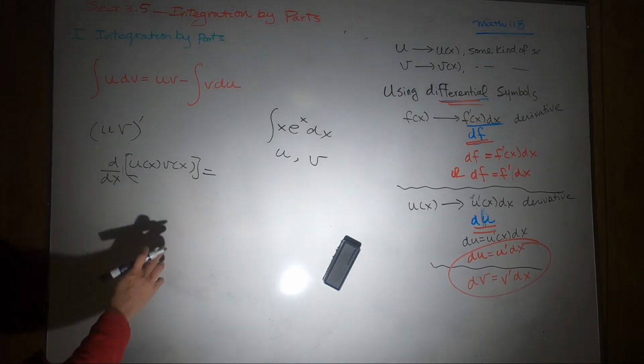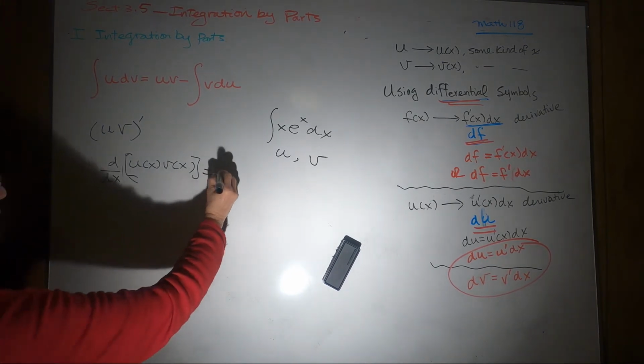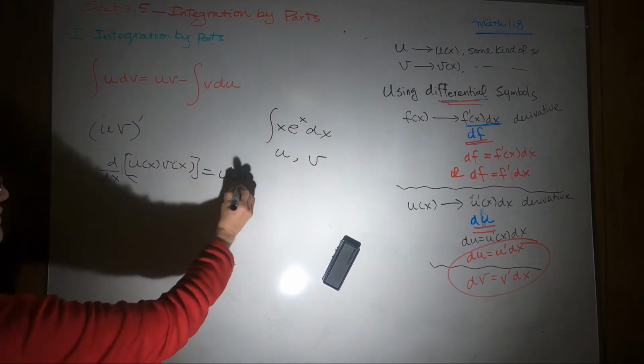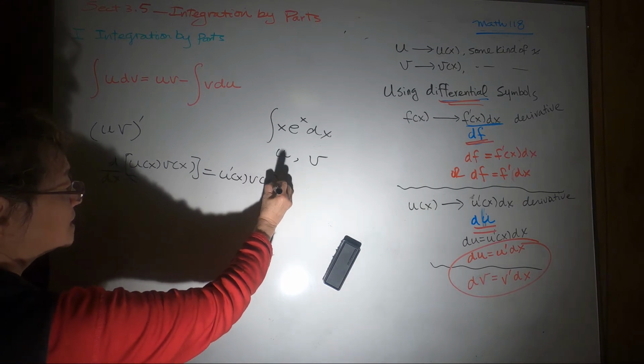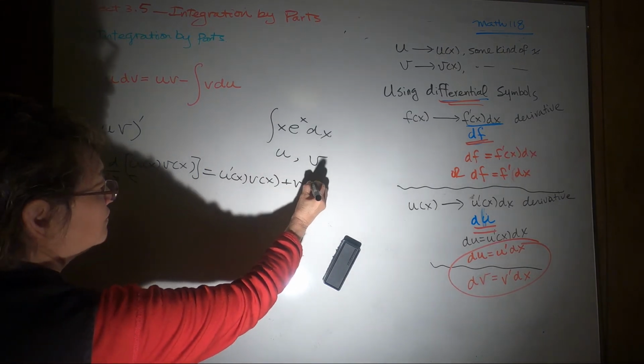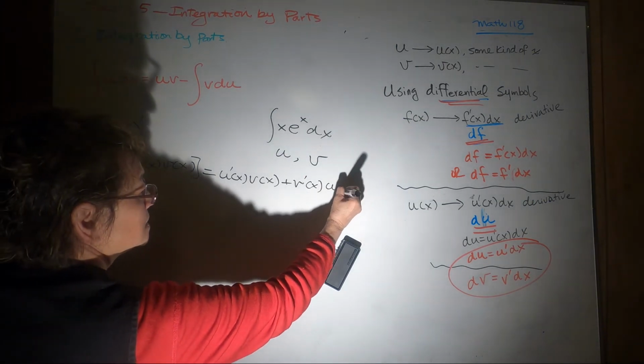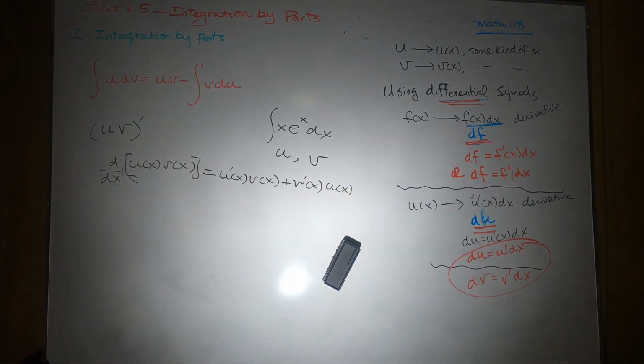Then we use the product rule: u prime of x, the derivative of the first one, times the second one, plus v prime, the derivative of the second one, times the first one.